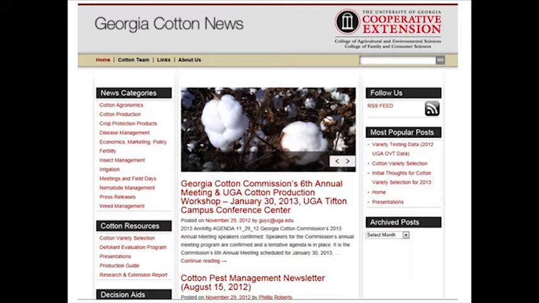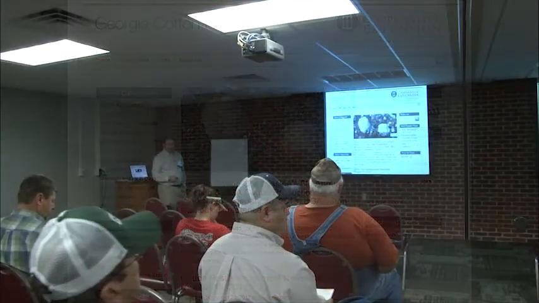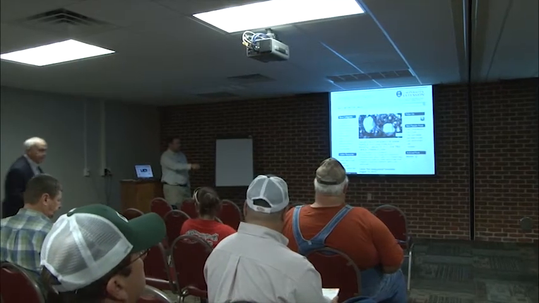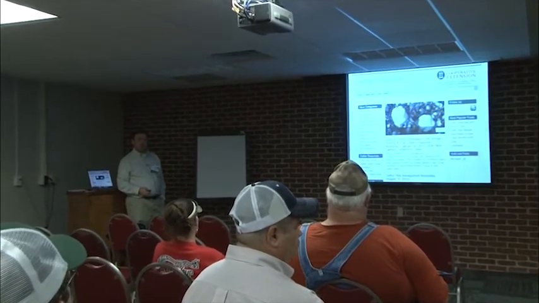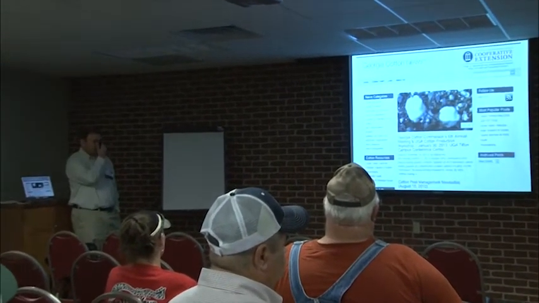The website still hosts a number of items that we had on our older site, like the production guide and several calculators, some of which I'm going to talk about today. The variety performance information, you can find my slides on the website. You can also look under cotton variety selection, under cotton resources, and various places to find our calculator.